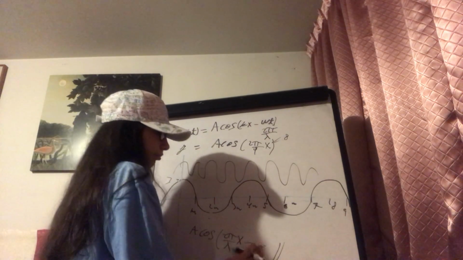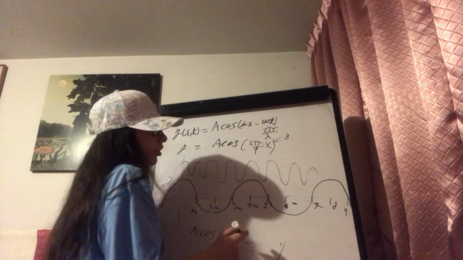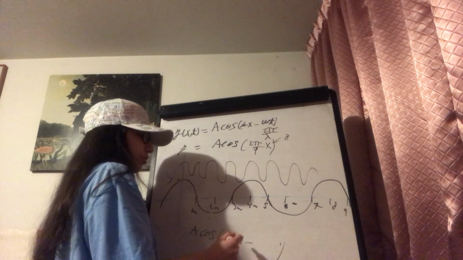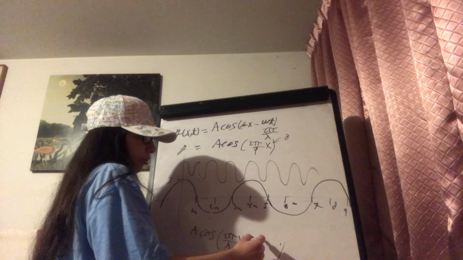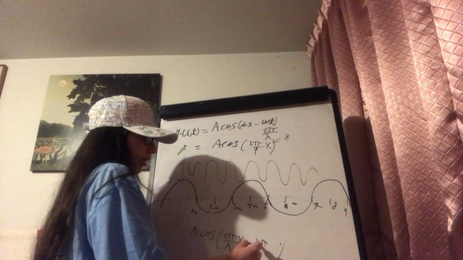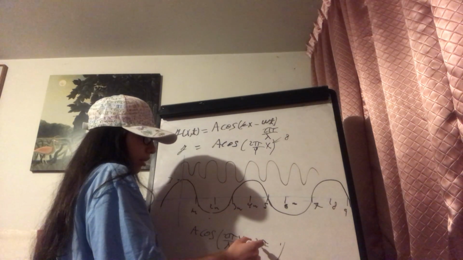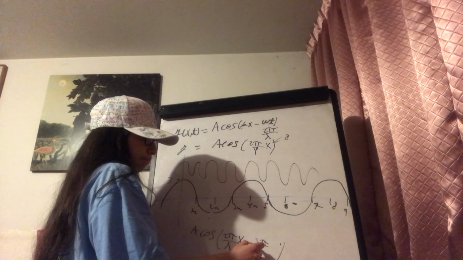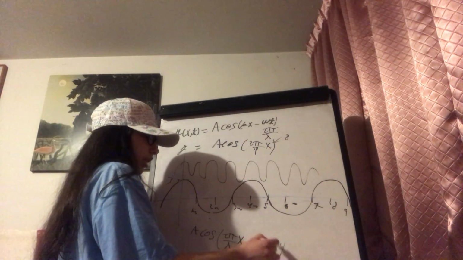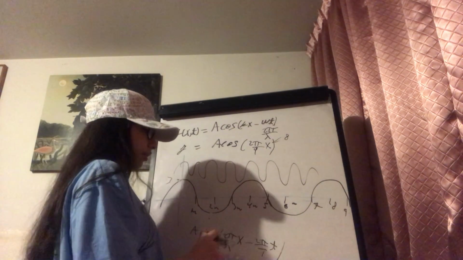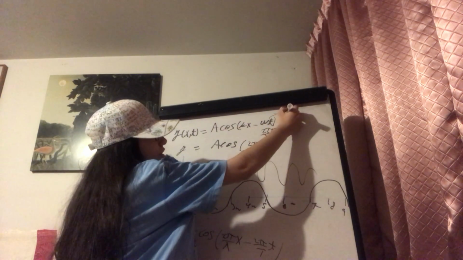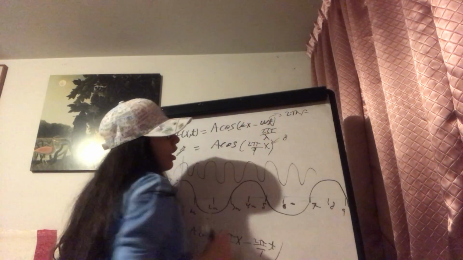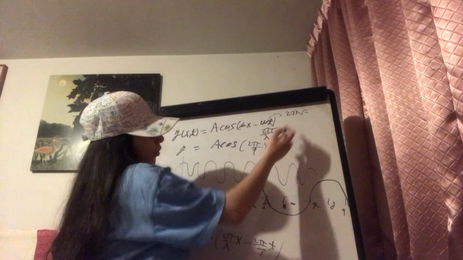So if I put here minus 2 pi divided by the period times t, this would make sense, because remember that omega is 2 pi times f.